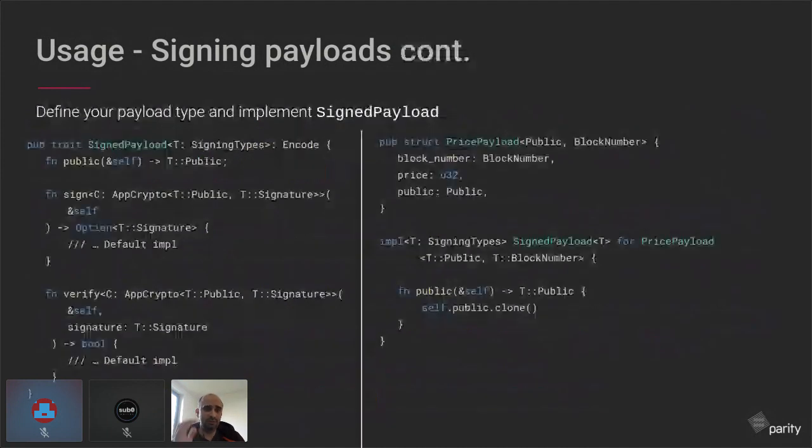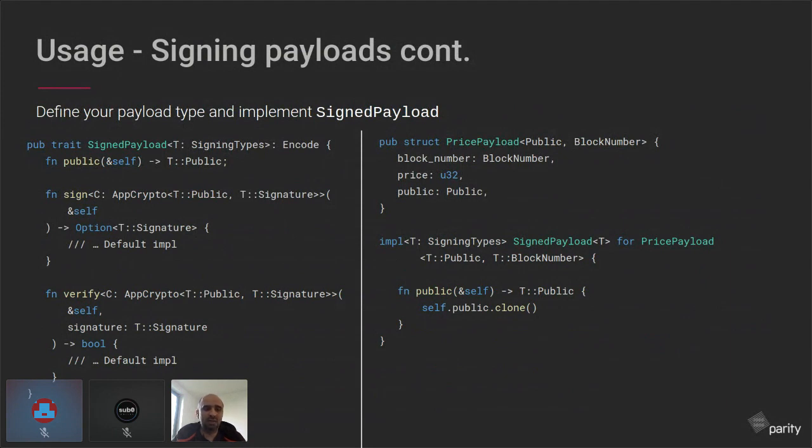So let's move on to the next slide. In the previous slide's code example, if you paid attention, the first closure returned the price payload. On this slide, what we show is how we define the price payload, and it's basically a struct that our palette defines, which holds whatever information that we need to record on chain.